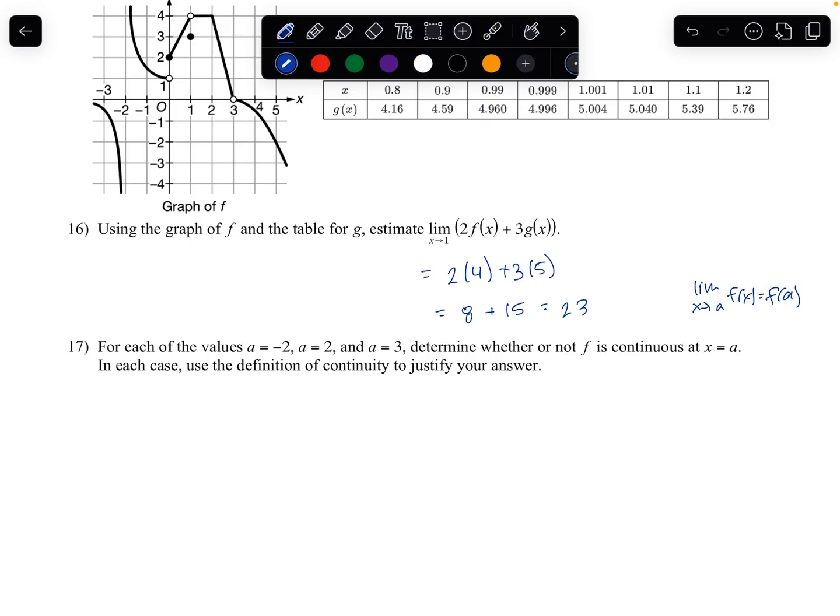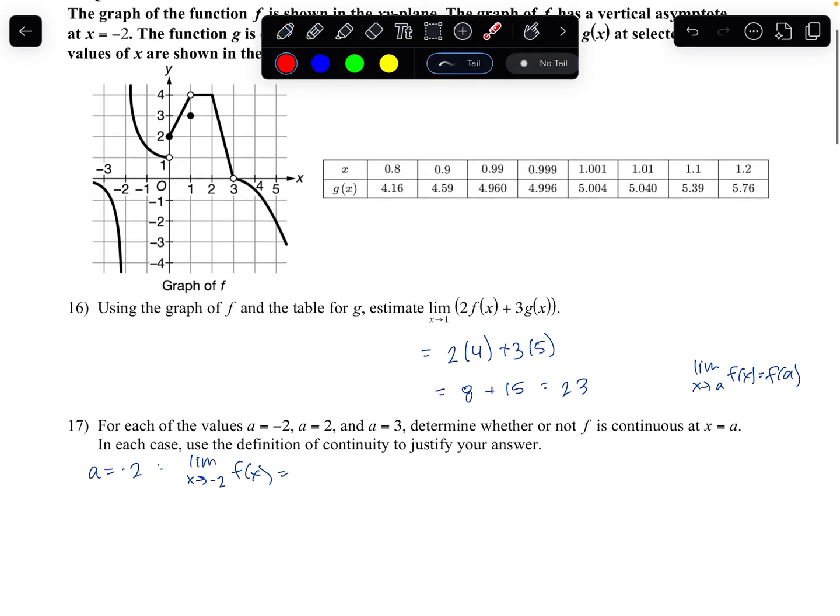So let's start with just a equals -2. That would be showing what the limit as x approaches -2 of f of x is. Now you can see that from either side it's unbounded. So I can tell you that the limit as x approaches -2 of f of x does not exist.